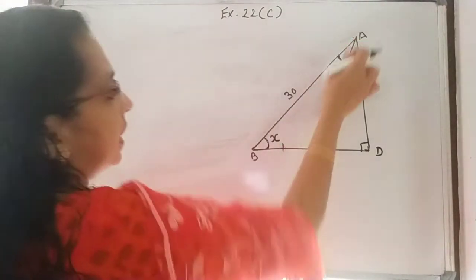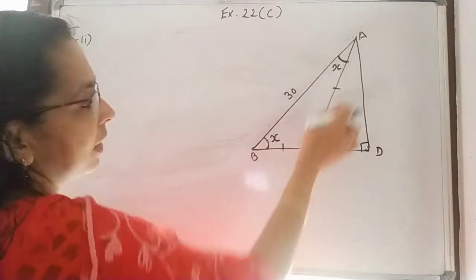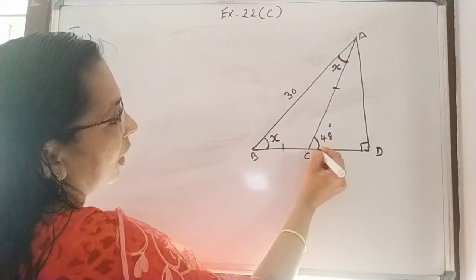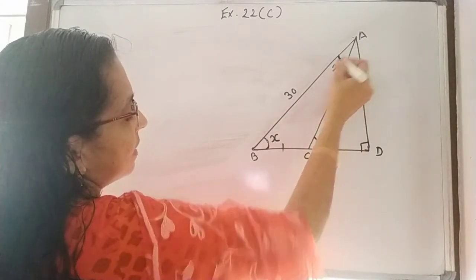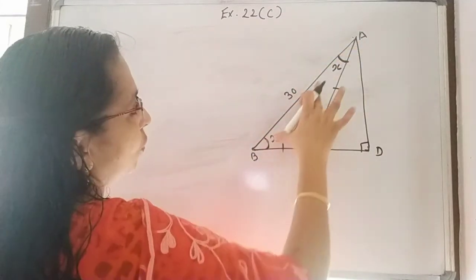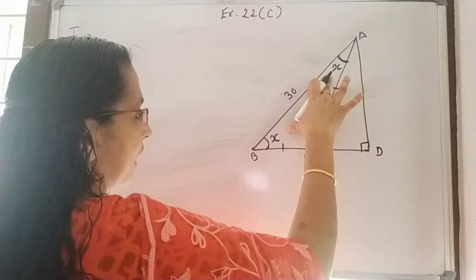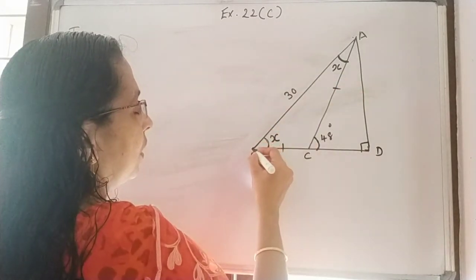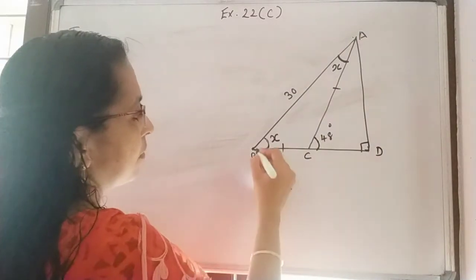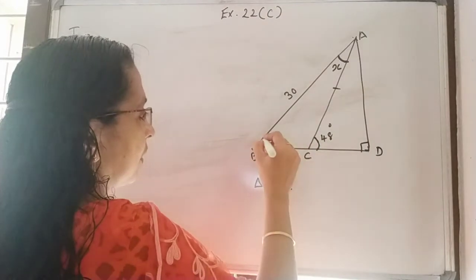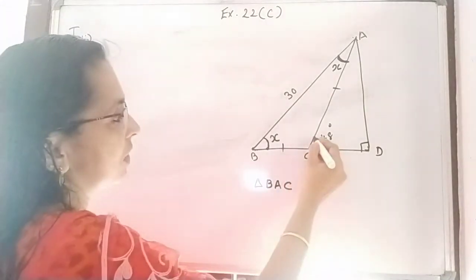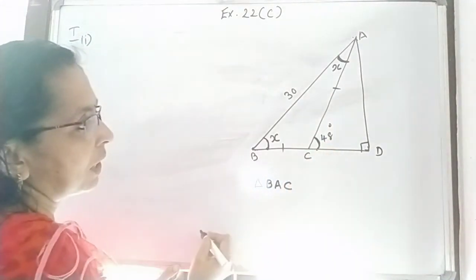Also given angle ACD. If we consider angle ACD, this angle C and angle B and angle BAC, these two have a relation. If we consider triangle BAC, if these two are the opposite interior angles, then which one will be the exterior angle? 48 will be the exterior angle.